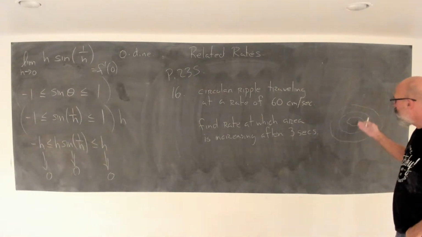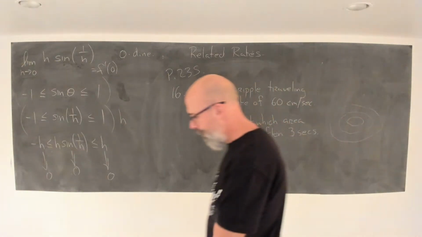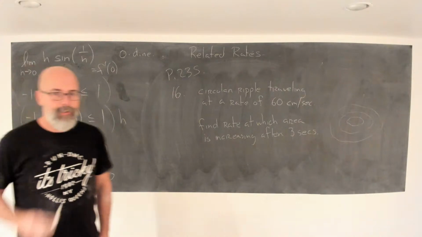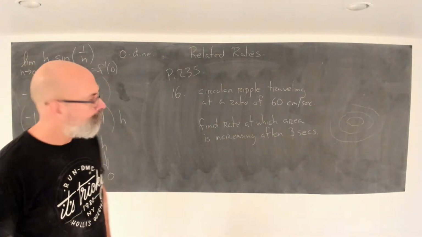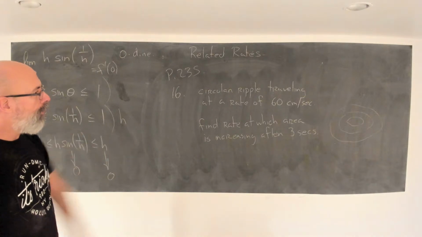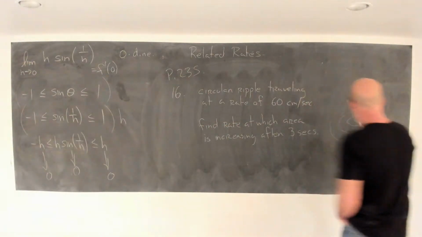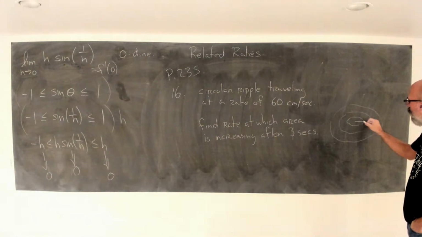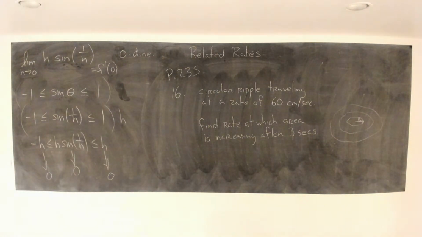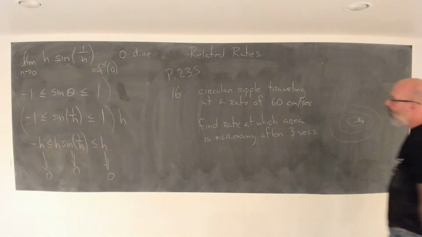Let's introduce some variables to describe what's happening. You're going to have some circular ripple with some radius, r, and it's the r that's traveling at a rate of 60.